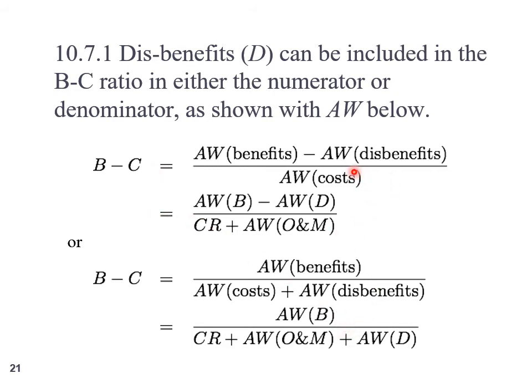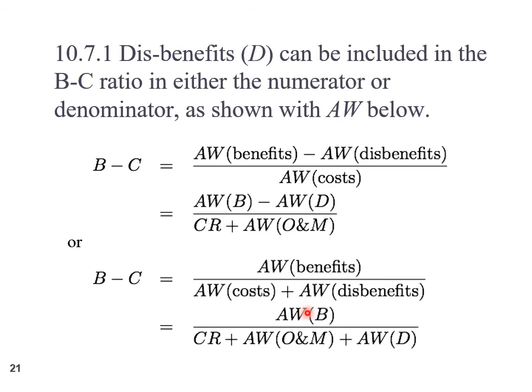Okay, and the thing is, whichever alternative you do, the final decision will not be changed. Again, the BC ratio value may be changed. The final decision will be the same, whether you accept in both versions or you reject in both versions.